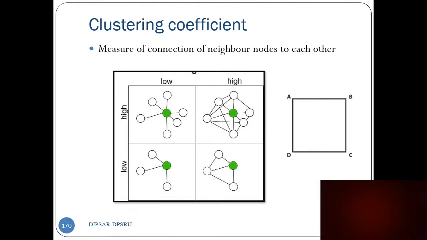So what will be the clustering coefficient of A node in this second one, this square box? Tell me in the chat box.